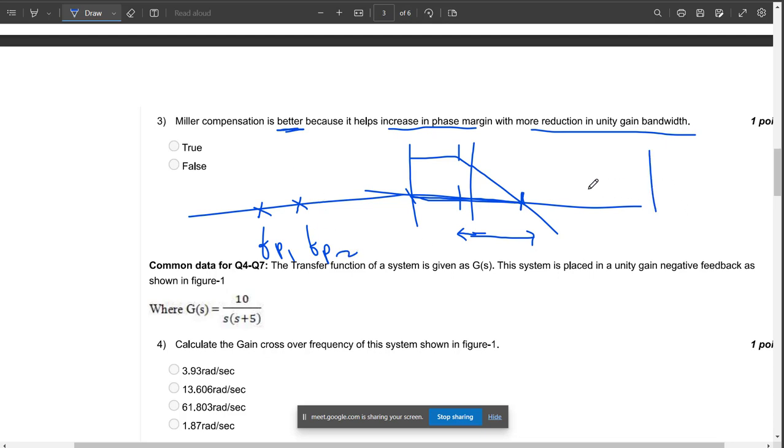So with Miller compensation, this FP1 shifts to here and this FP2 shifts to here. So the stability increases, and the unity gain bandwidth does not decrease.